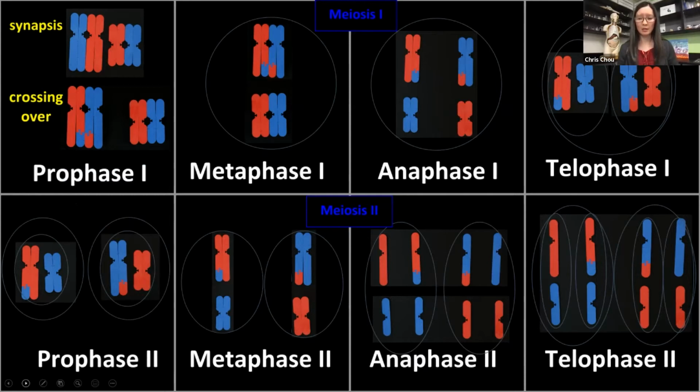And this is where I go around the room, probably spend more time watching kids move their chromosomes for this particular process, because you can see right away whether they understand homologous chromosomes, the pair separating or chromatid separating. And you can talk about whether cells are diploid or haploid at certain stages, and have them actually count the number of chromosomes that are in there. So this is where the model is really useful.